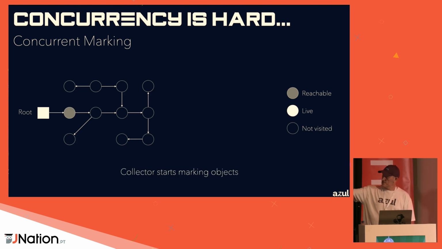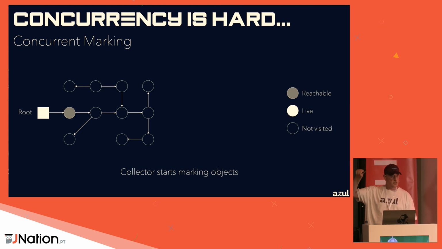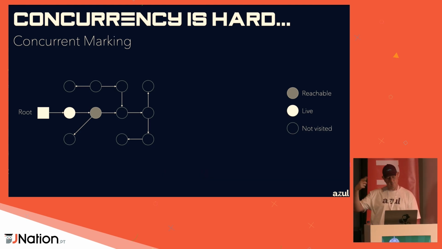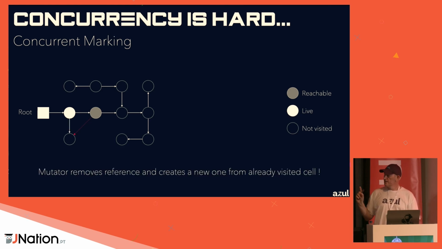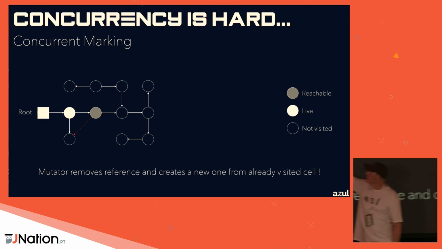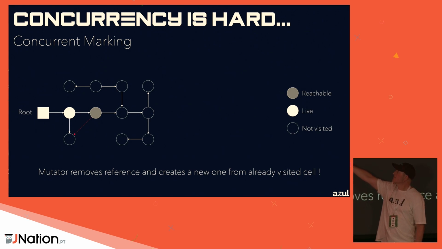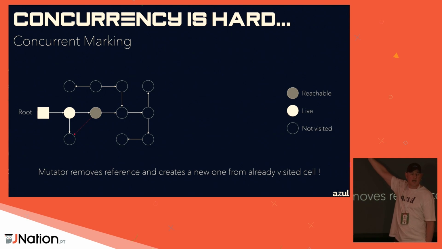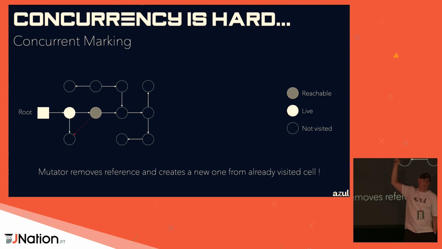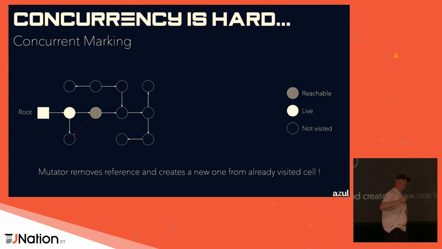The collector starts marking objects as reachable, and then after it was reached, it's marked as live. That's how it works. If now suddenly the allocator decides, you know what, there was a reference here from that one down to this one, and I create a new reference and I delete this one, at the same time where the collector is marking things live.